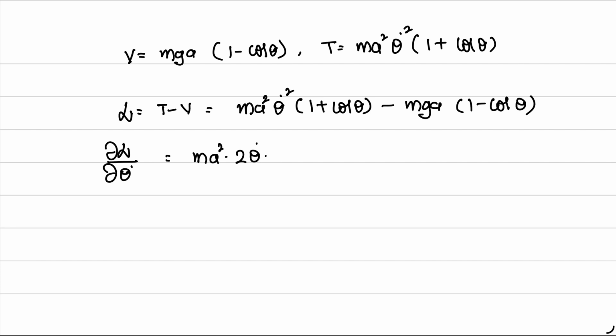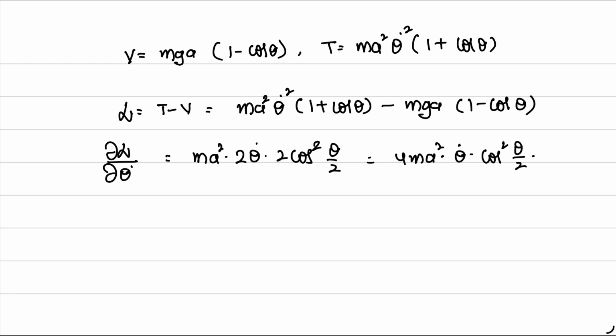Then 1 plus cos theta we can write as 2 cos square theta by 2. That means 4 ma square theta dot into cos square theta by 2.